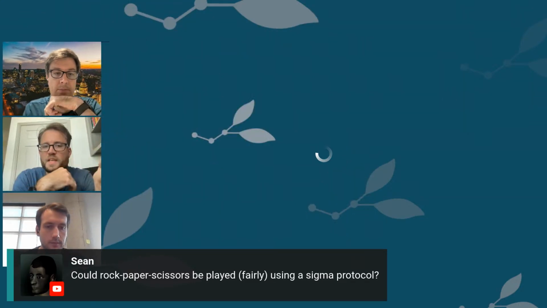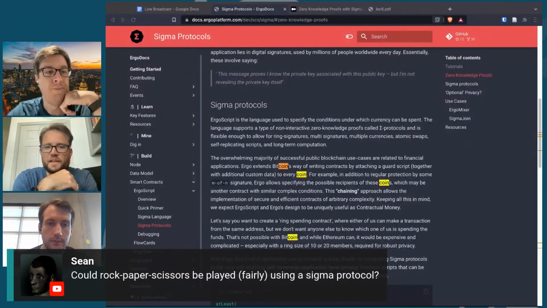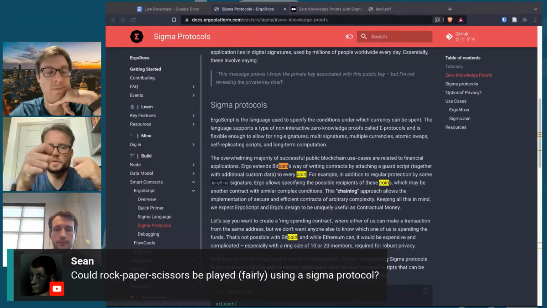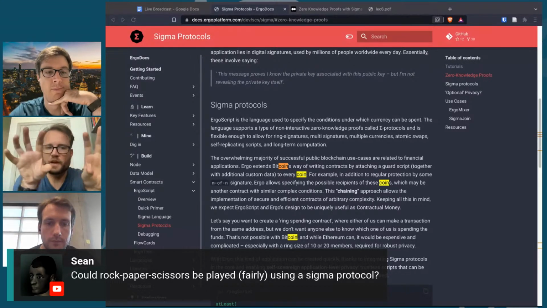Because you just have to have the two people commit to their values. Alice would enter, she would commit to a value and hide it through a hash. Then Bob could either take Alice's original token or enter his own token and make his own spend, then you have the two of them.